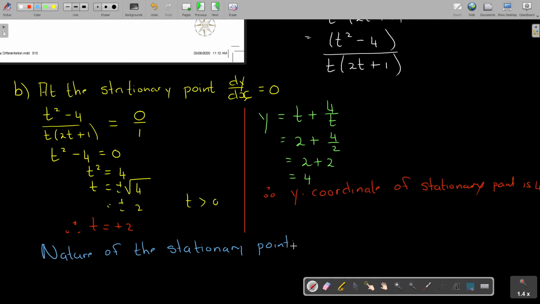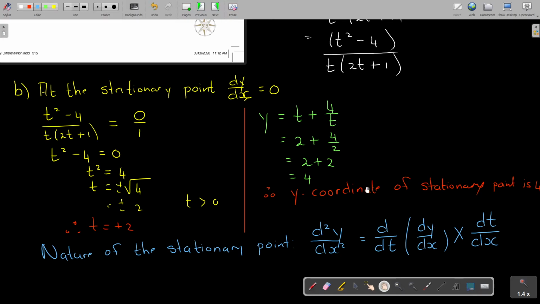It's very important that you remember that with parametric equations we are going to find d squared y over dx squared, but it's different. You differentiate dy over dx, and then you multiply it by dt over dx. Then you do the substitution. But let's first do that.